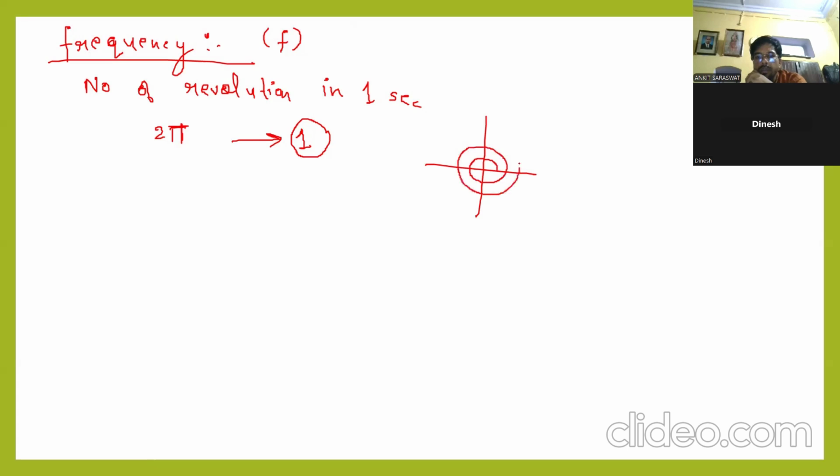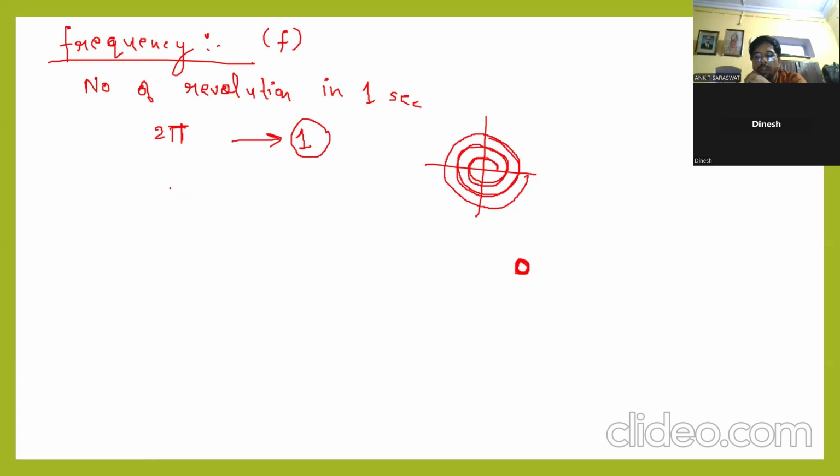If I ask like this, the particle rotates, let us suppose, this many rounds. 1 round, 2 rounds, 3 and so on, up to 10.